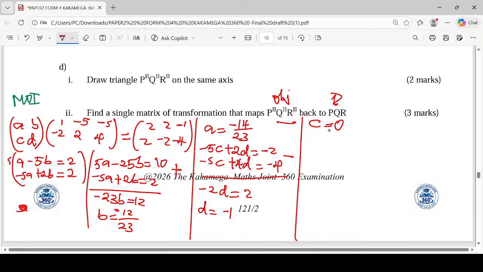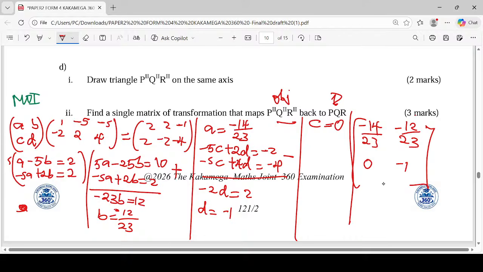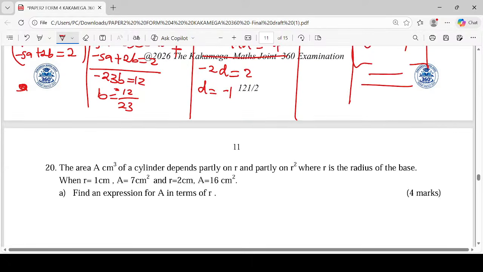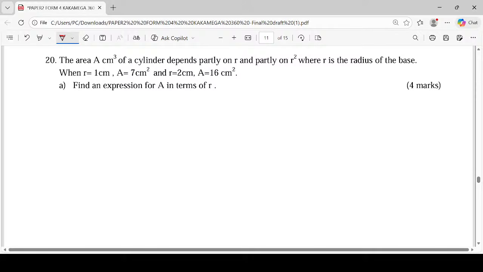So the coordinates here, in terms of A will be negative 14 over 23. B will be negative 12 over 23. C is 0. D is negative 1. So that's how you respond to such a question. Let us have a look at the next part of this wonderful discussion.